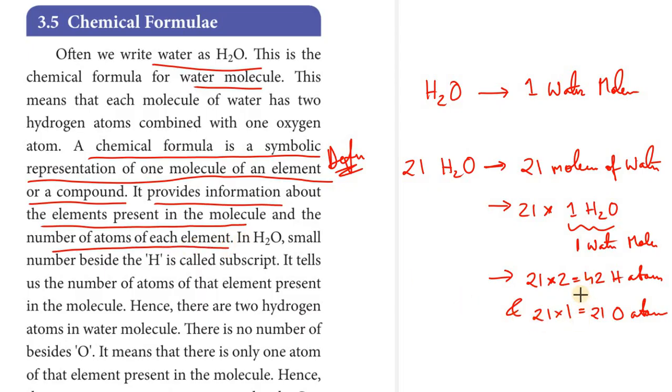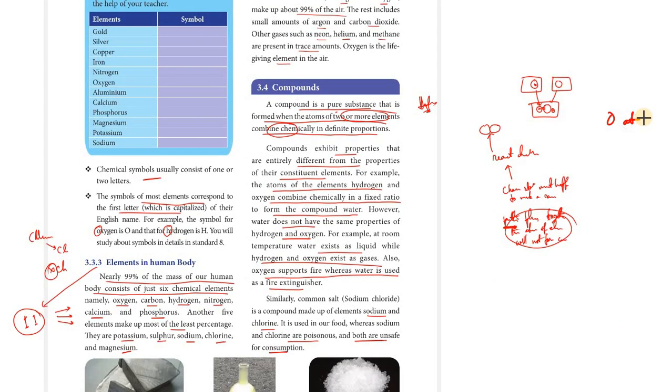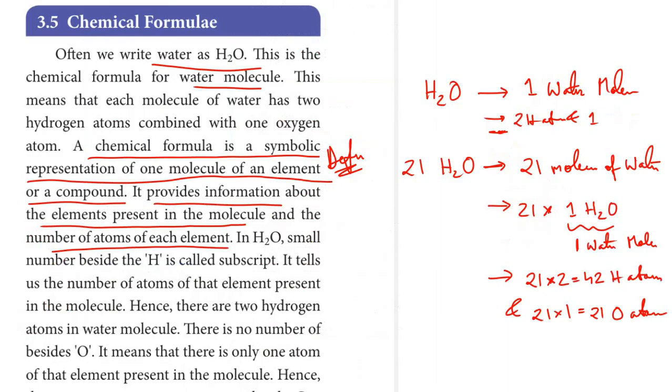So 1 H2O is one water molecule, basically 2 hydrogen atoms along with 1 oxygen atom, right? Yes, 1 oxygen atom.